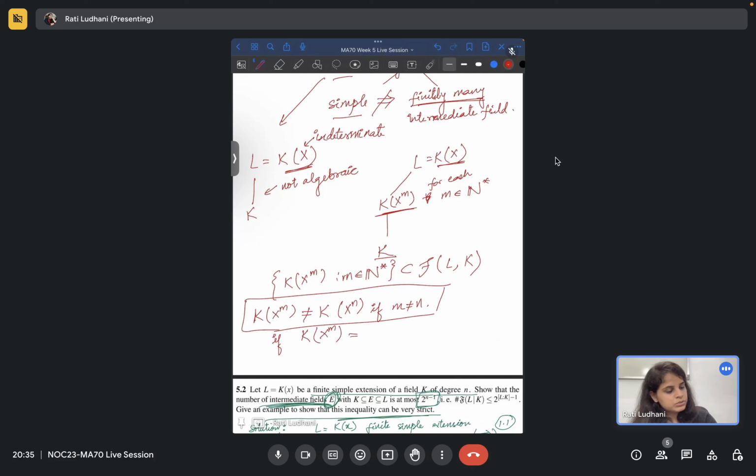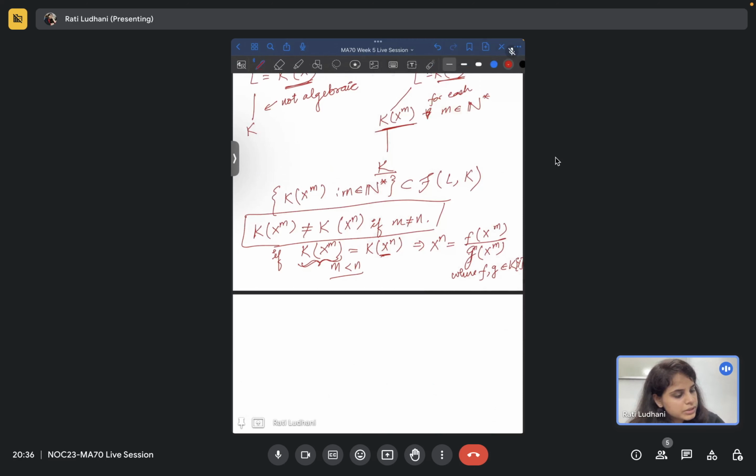If this is equal to k(x^n), then what will happen? Without loss of generality, say m is less than n. Then x^n belongs to this set, so you can write it in terms of f(x^m) upon g(x^m), where f and g belong to k(y), some other variable just to say. So basically you can write x^n in this form.